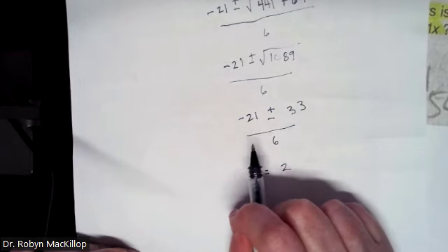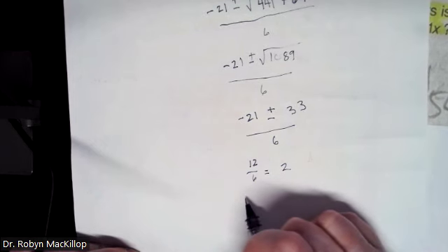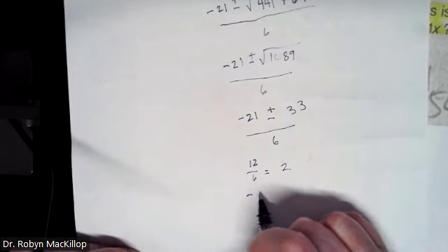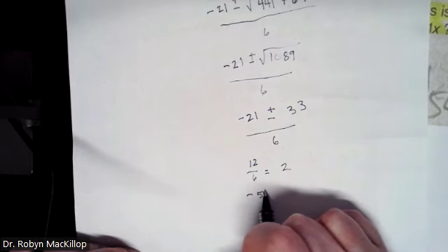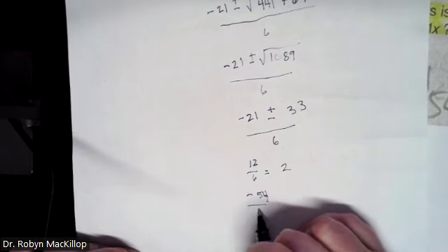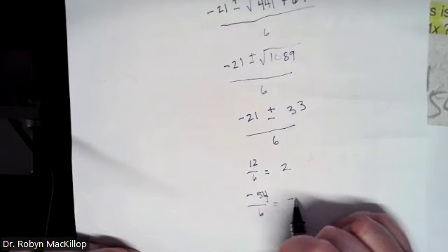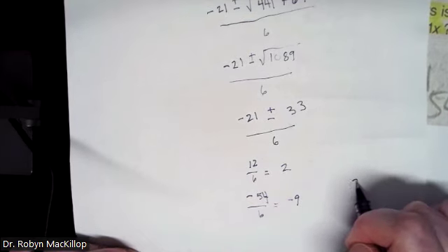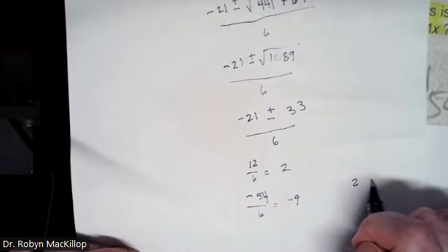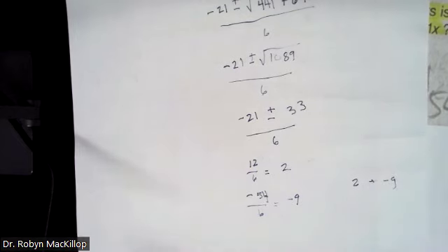Then negative 21 minus 33, which is going to be negative 54 over 6, and that equals negative 9. So your answers are 2 and negative 9. Perfect. All right.